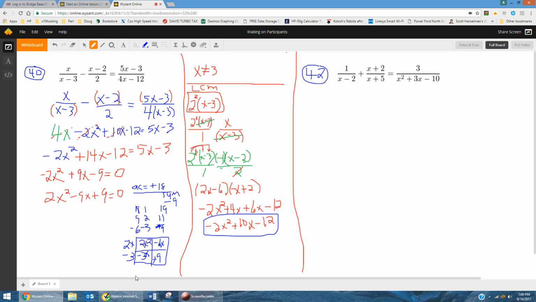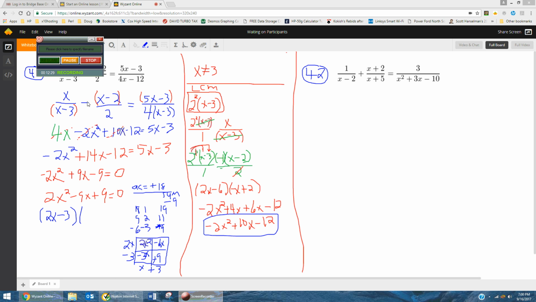And then I ask myself the question, what times 2x will give me 2x squared? That's an x. Or I could factor out the greatest common factor from the first column. And what times negative 3 will give me positive 9? Plus 3. So my contention is that 2x minus 3 times x plus 3. Whoops.